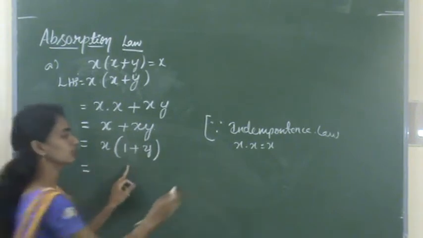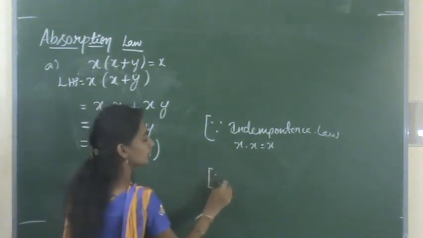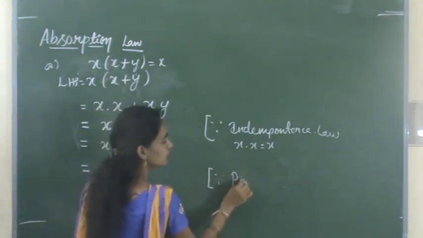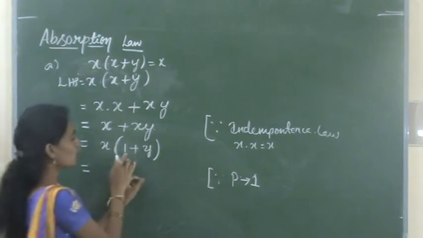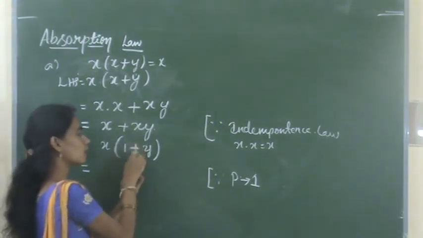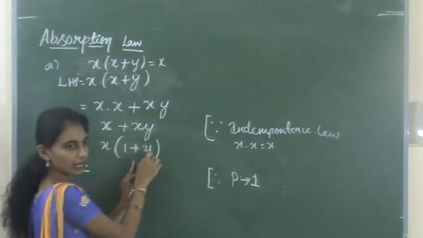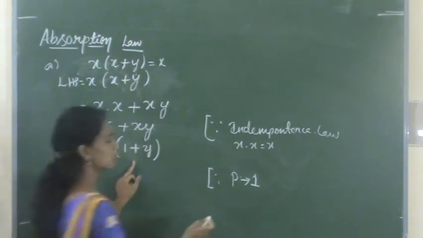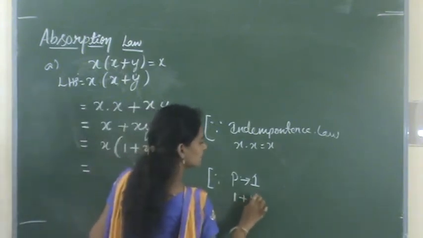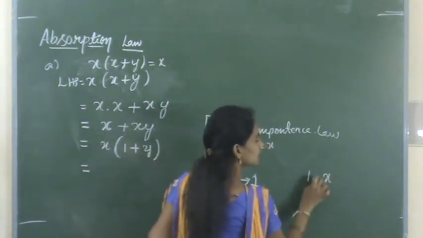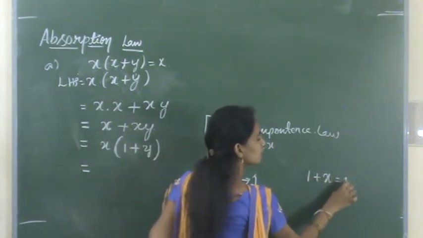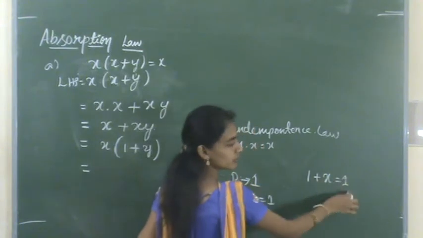We know the property that 1 ORed with any variable gives 1 only: 1 plus y is equal to 1, and 1 plus x is equal to 1.